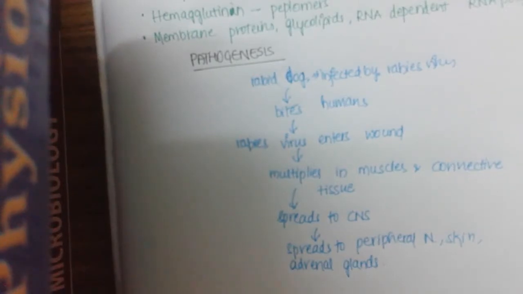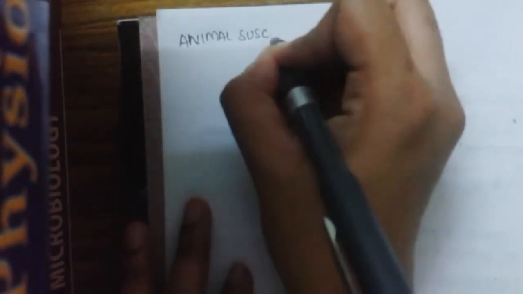So where will we culture this rabies virus? In olden days, viruses could not grow in any of the culture media, so we started growing them in animals.